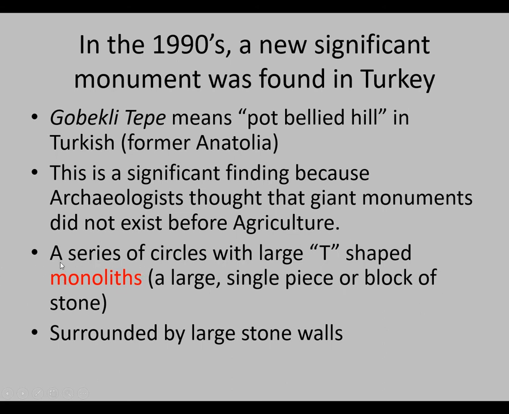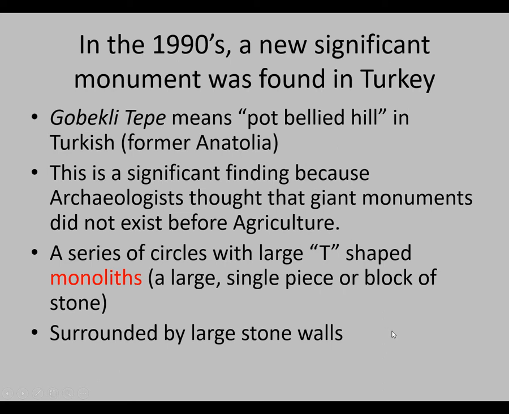We're going to remember that word. It's a large single piece or block of stone. Lith again means stone, mono meaning one, so one big stone. And the whole structure or series of structures is surrounded by large stone walls.